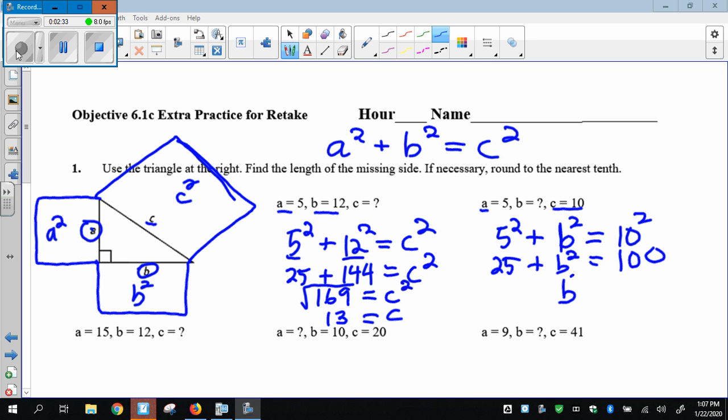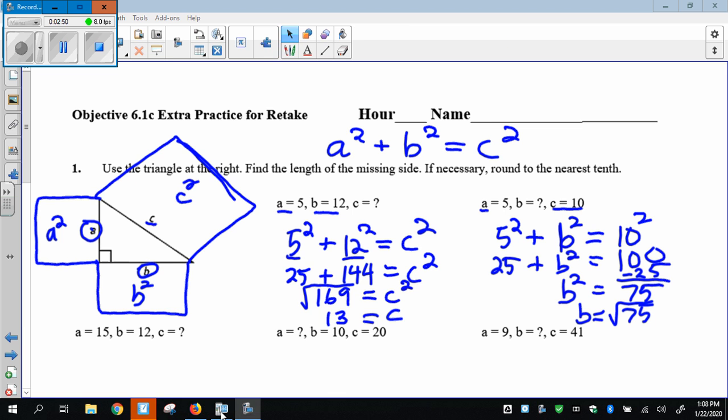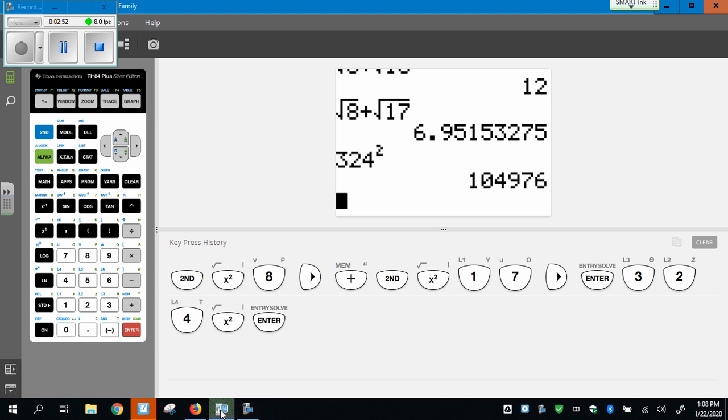Now to figure out what b squared equals, I'm just going to backtrack here and subtract 25 from my 100. And that gives me 75. So b is equal to the square root of 75. To do that, I'm going to need my calculator, at least if I want to write it as a decimal.